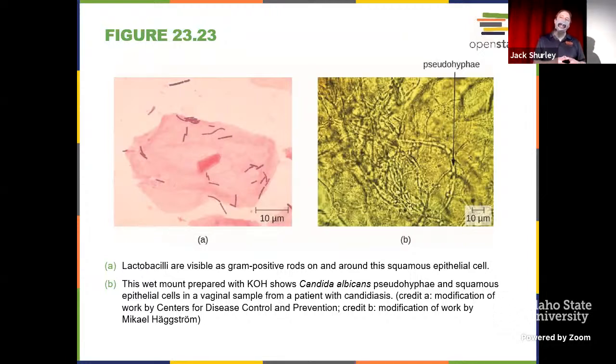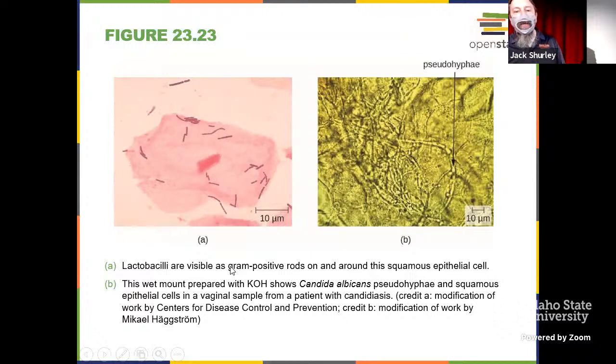But as they colonize, as everything's all fine and good, they do set the stage that makes it relatively inhibitory for the candida to take hold and proliferate. When antibiotics are taken and the levels of lactobacilli are depleted considerably, then we set the stage for the candida to take over, and you get a big overgrowth of these yeast cells that sets the stage for, you know, what we were just talking about.